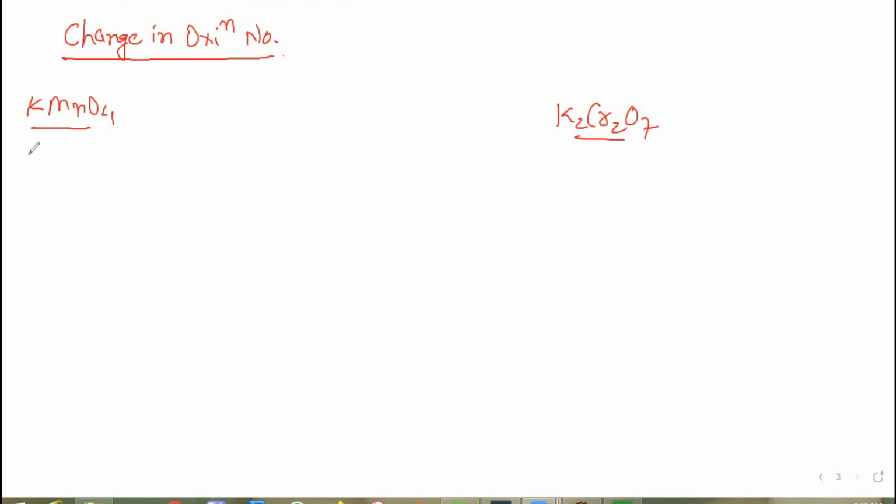Now, in acidic media, the negative ion of KMnO4 is MnO4 1 minus, that is a permanganate ion.